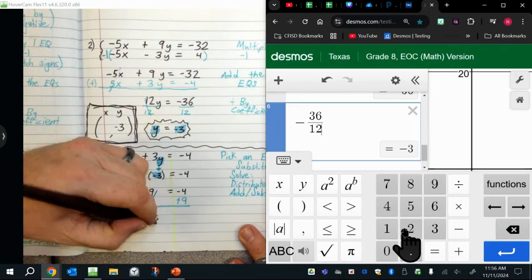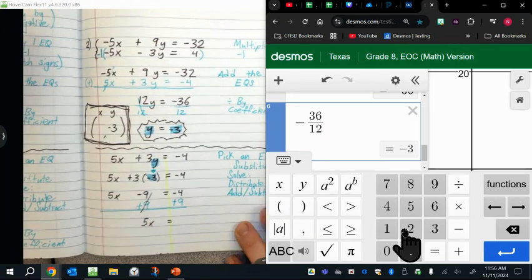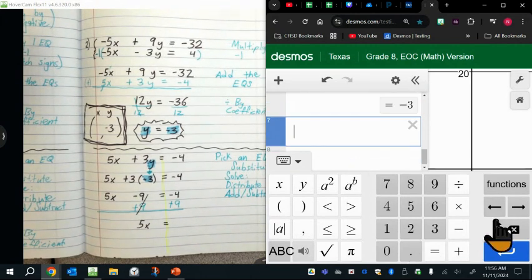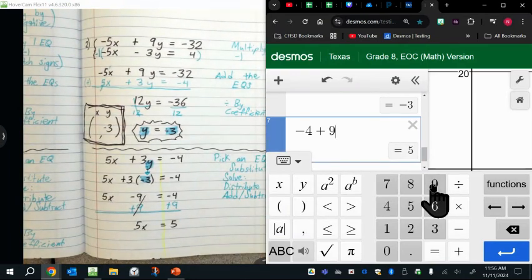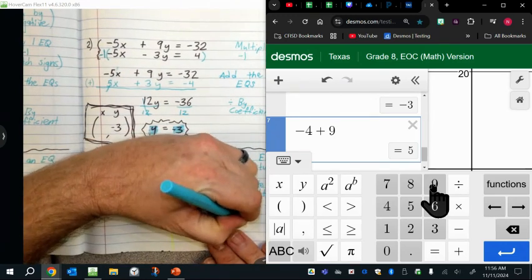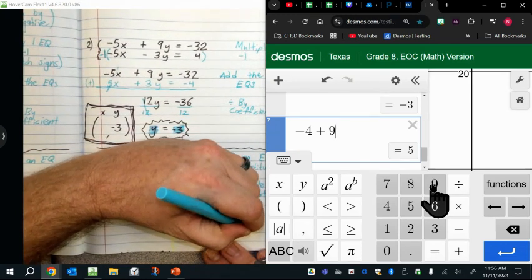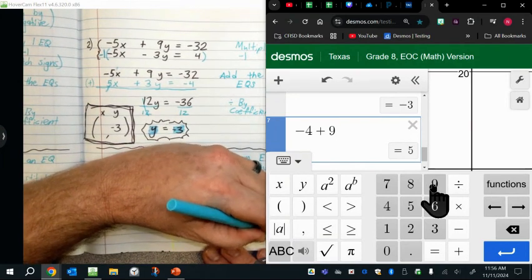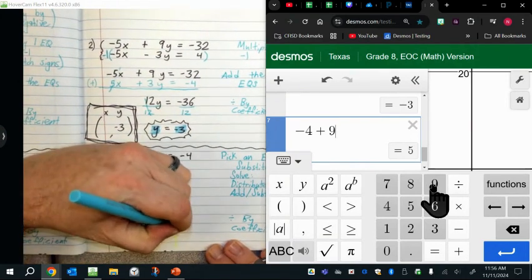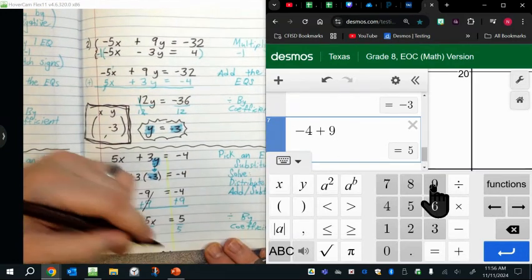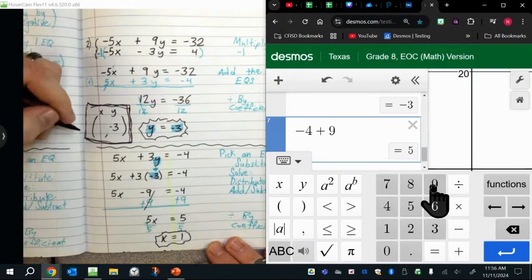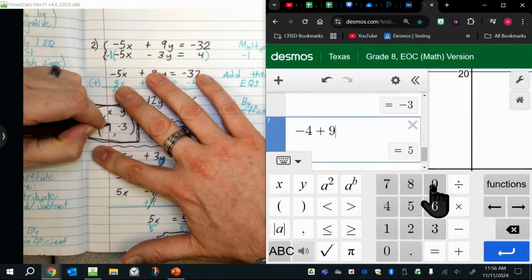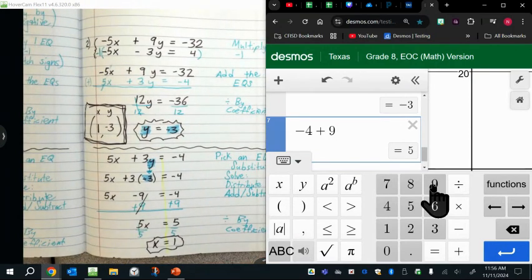That cancels. 5x equals -4 plus 9, which is 5. And then divide by the coefficient. Divide by 5, divide by 5, and we get x equals 1. So they intersect at 1, -3.